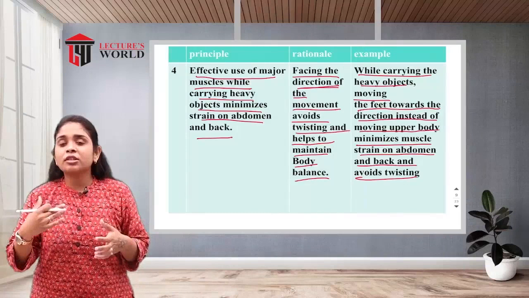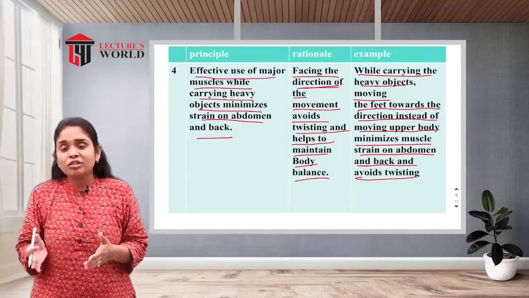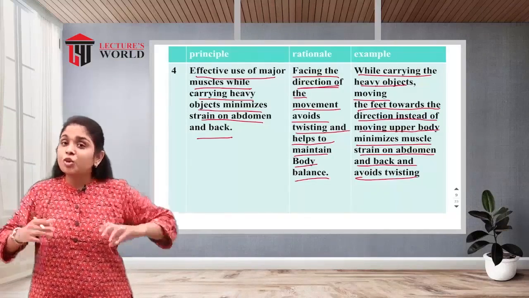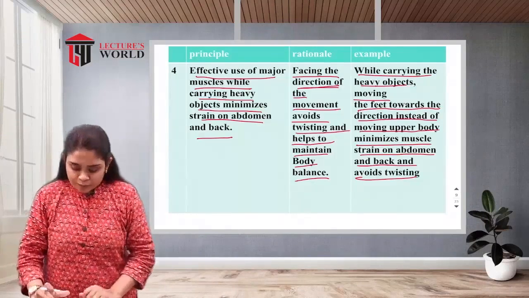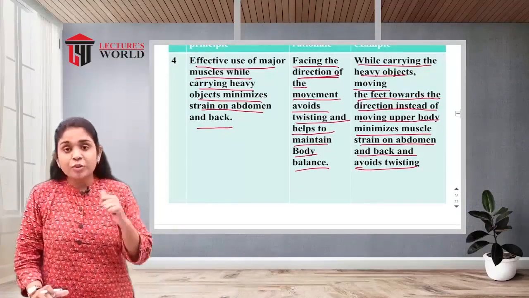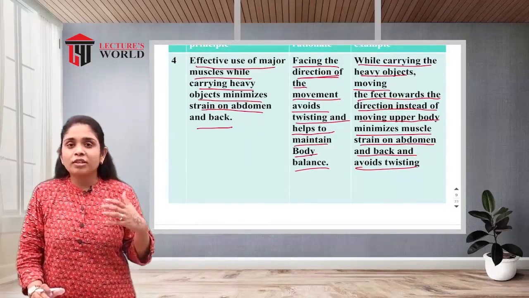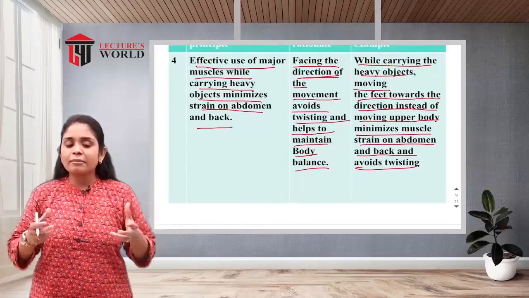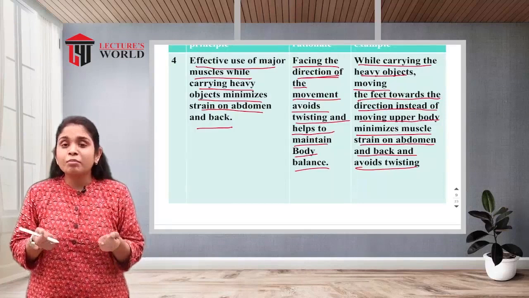If both the upper part and the lower part work simultaneously, you will need very little strength. Okay, so by that you can also reduce some strain over the back and over the abdomen.